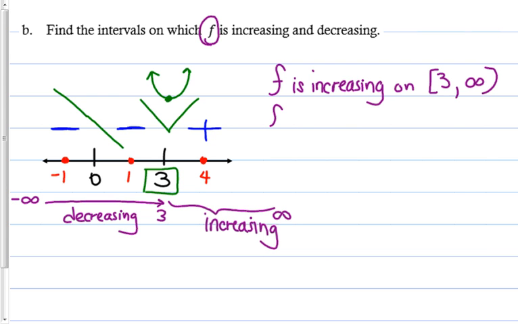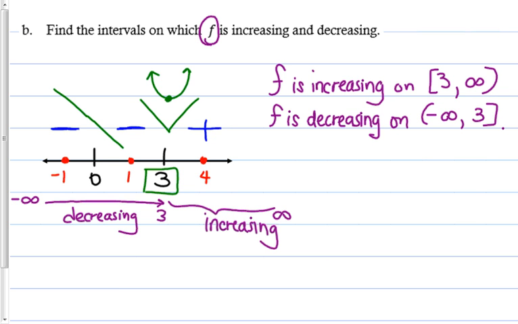And then f is decreasing on negative infinity to 3. It doesn't matter which one you write first. You never include infinity and negative infinity because we don't even know where they're at. For increasing and decreasing, it is okay to include the intervals, the numbers, like 3. Usually for concavity, we use open intervals.